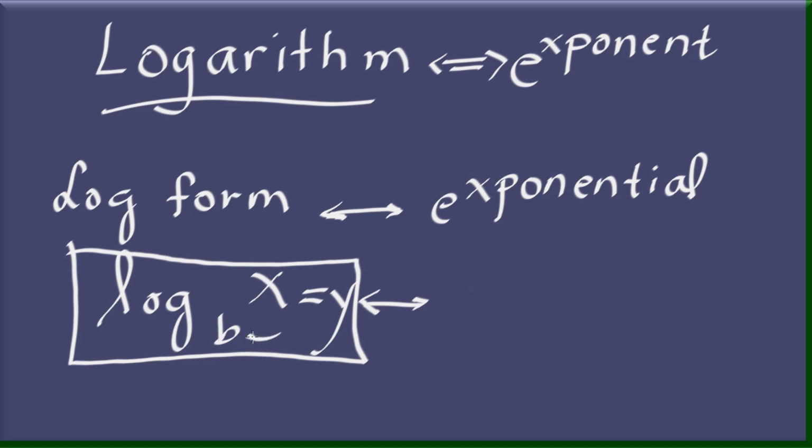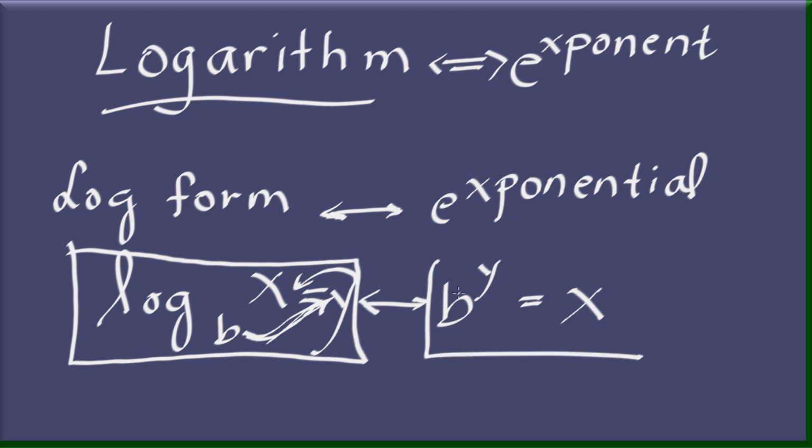You start with the base b and then raise to y is equal to x. Okay, so start with the base and then raise to that y is equal to x. So this is the exponential format that's equivalent to that logarithmic form.